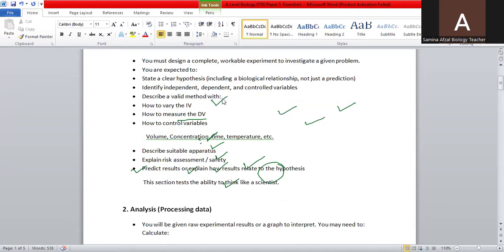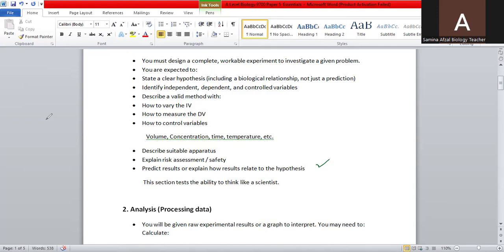Then you have to explain the risk factors. Risk factors or safety precautions should all be written in the answer. Predict results or explain how results relate to the hypothesis. This section tests the ability to think like a scientist.